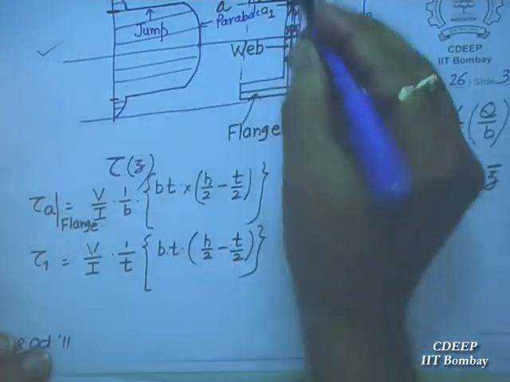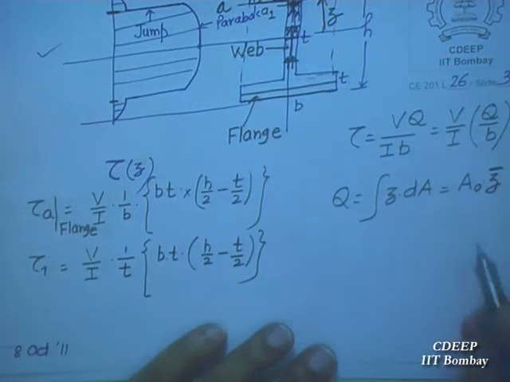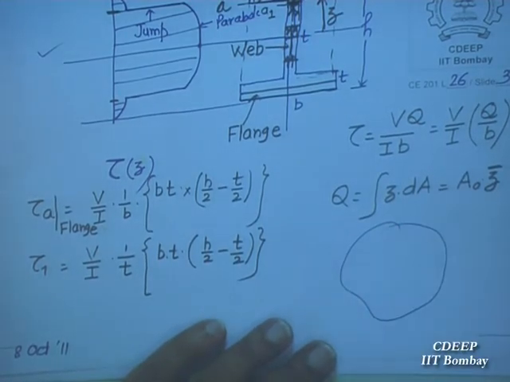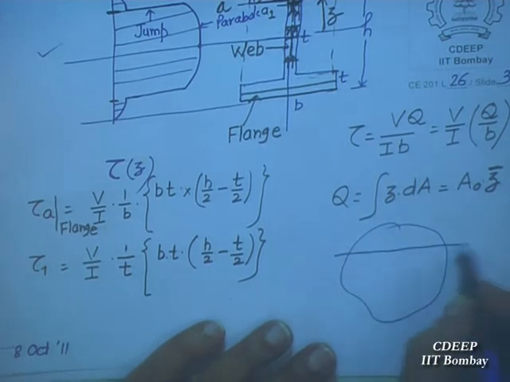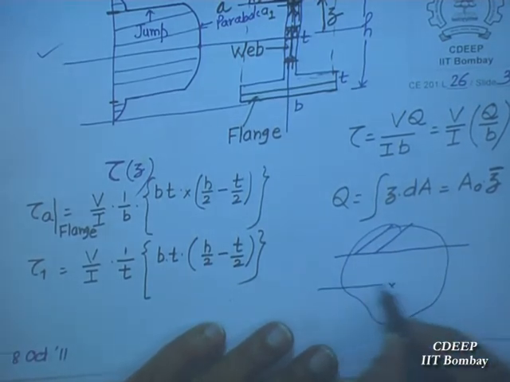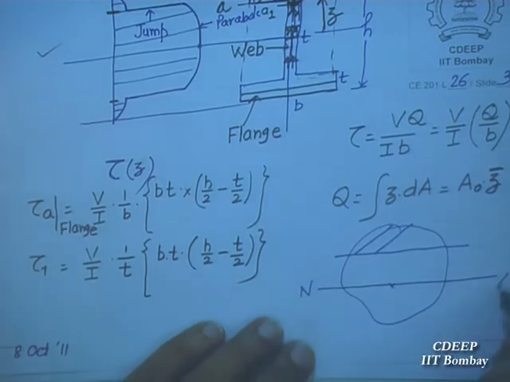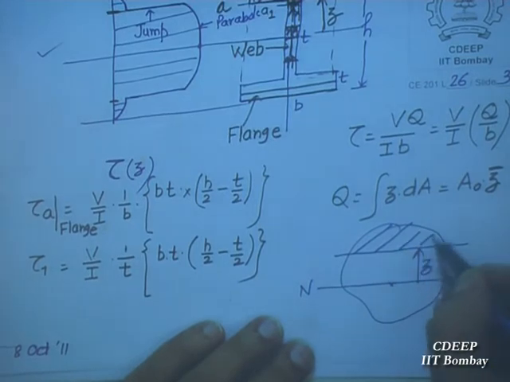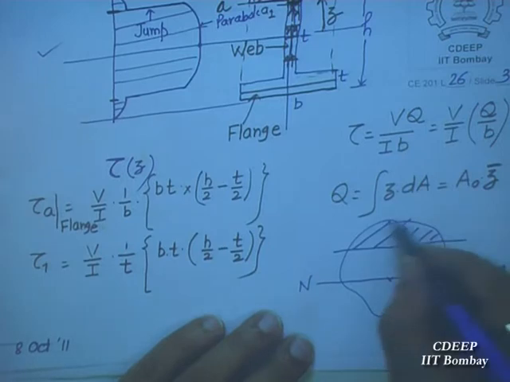Above, see wherever the line, because Q means, see, this is the total Q, any area is there, the cross section is like this. How have you defined Q? Q is the area of this, and this is the neutral axis. This is Z. Q is the first moment of this area.